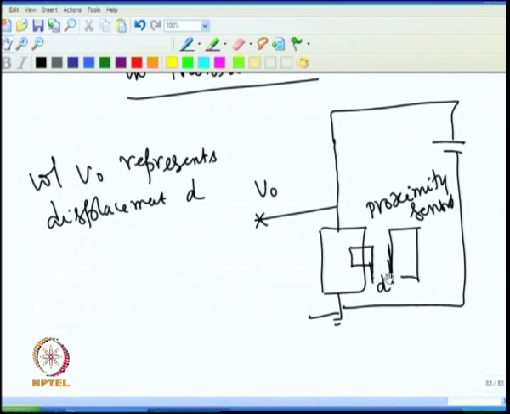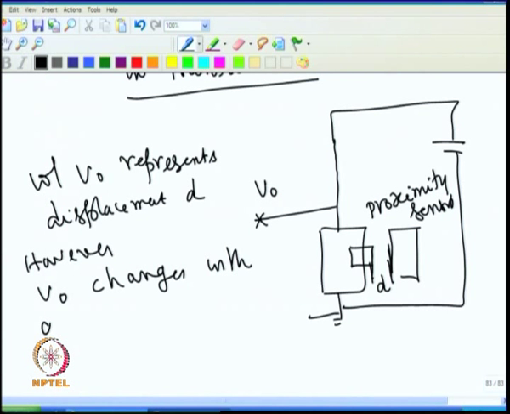For example, V0 changes, V0 depends on the temperature. So, effectively V0 changes with the ambient temperature, because this transducer is in the ambient, and whatever the change in ambient temperature affects this one.